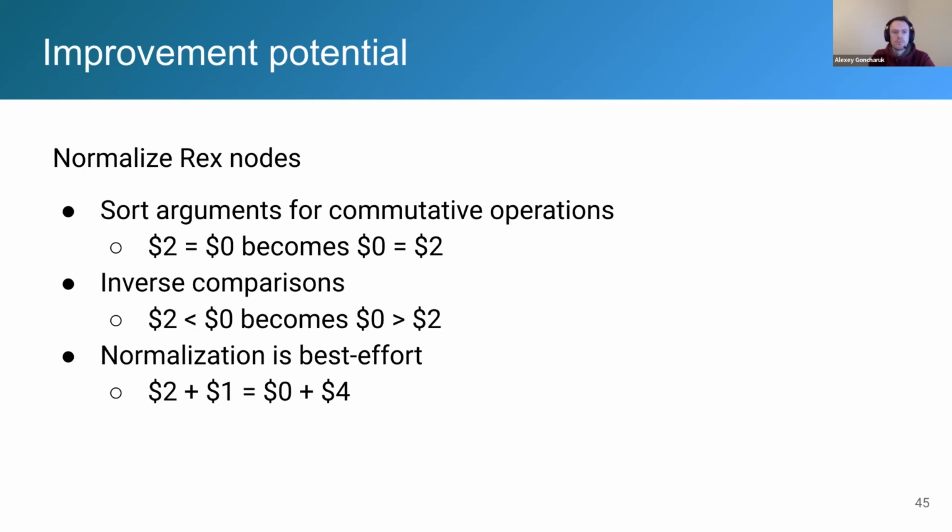And of course, having widely and strictly normalized conditions is a quite tough task because, for example, if we have this complex equality with nested calls, the task becomes trickier, but I think at least a best effort normalization can be used.